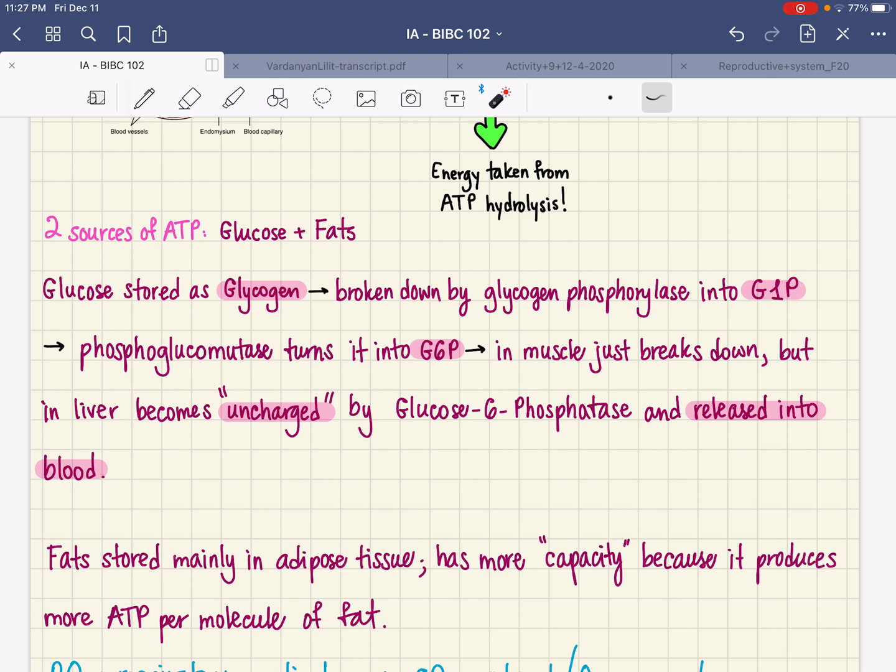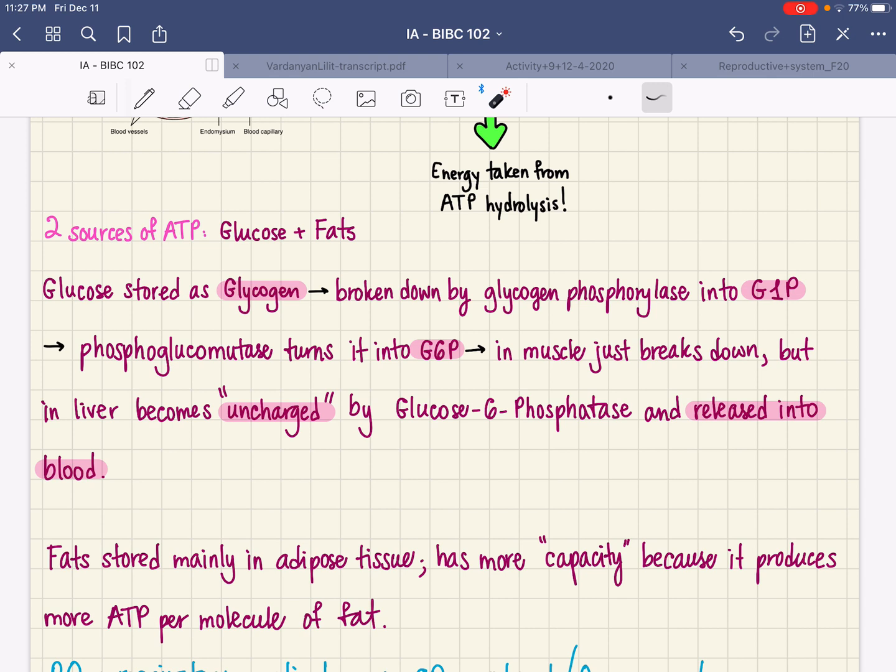Okay, it will not be able to give free glucose to any other cell or the blood. Okay, so long story short, if the muscle has the glycogen, it will break it down into glucose 1-phosphate, then into glucose 6-phosphate, then it will break it down further through glycolysis and get the ATP from it.